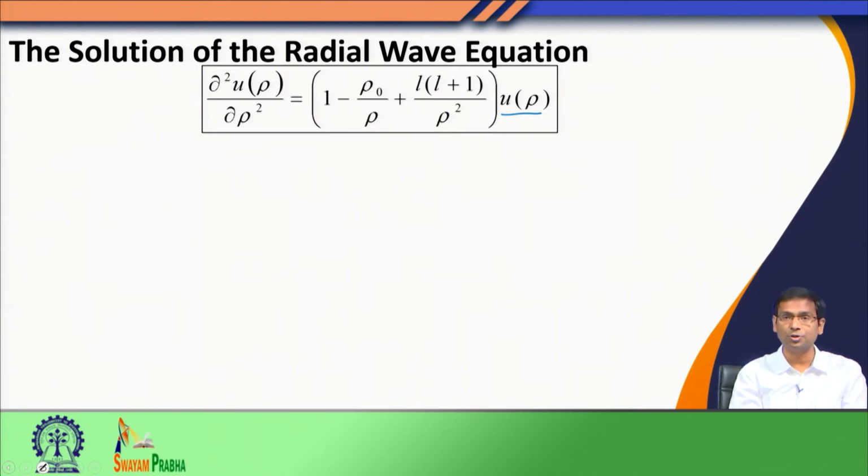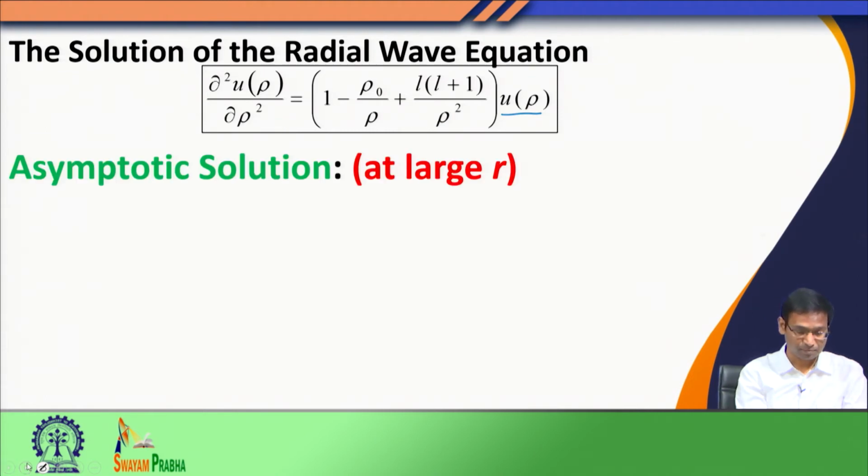In these two asymptotic regions, we try to find the solution first, and then we talk about the solution of this equation in the middle, intermediate region. First, we will discuss the asymptotic solution at large r. So, when r goes to a very large value, that means r goes to infinity, since rho is defined as k into r, rho also goes to infinity.